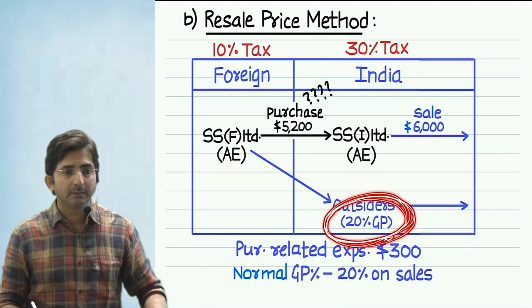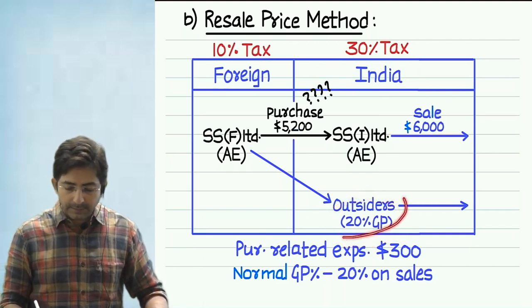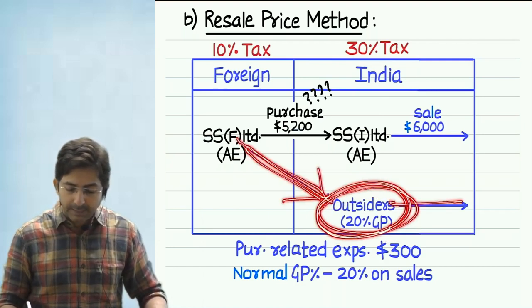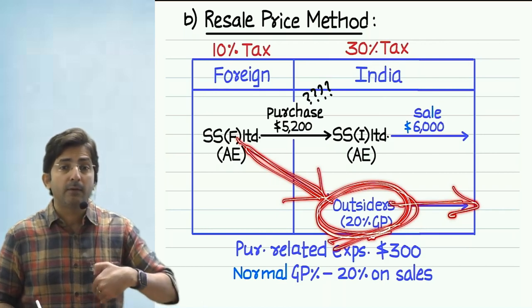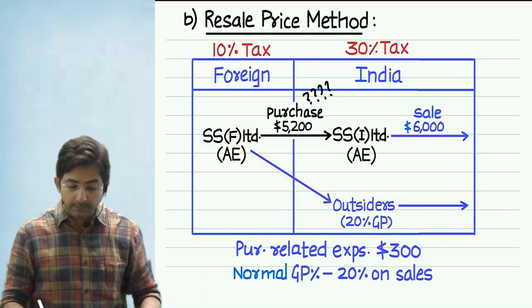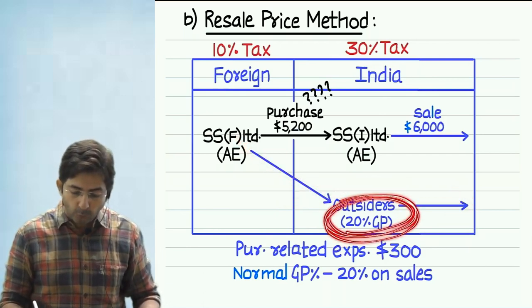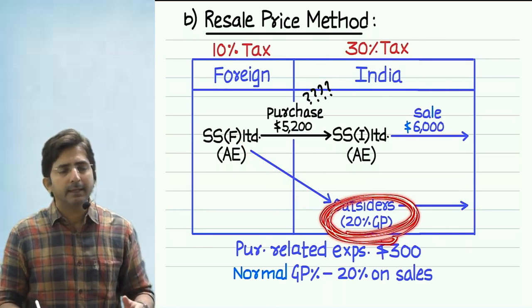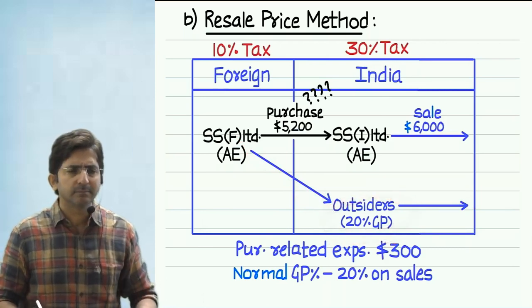Means these are outsiders who import from Korea, Samsung, and sell in India. So even in those outsiders you can have a variety of GP margin. So imagine here if I have 3 to 4 varieties of GP margin, then there can be 3 to 4 ALPs.